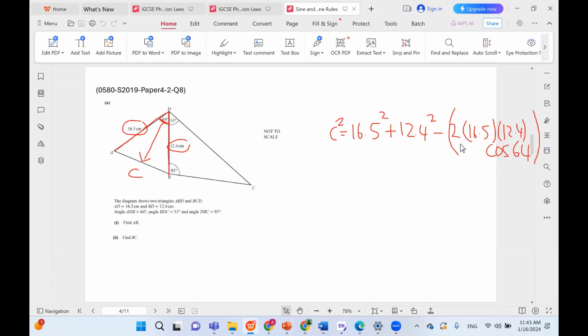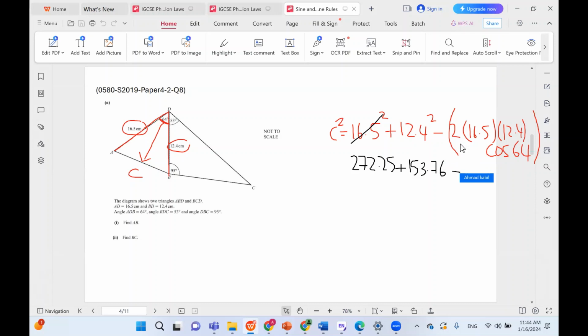Now let's evaluate one number at a time. So 16.5 squared on the calculator gives us 272.25. 12.4 squared gives us 153.76.